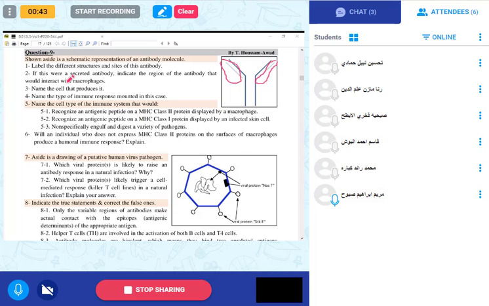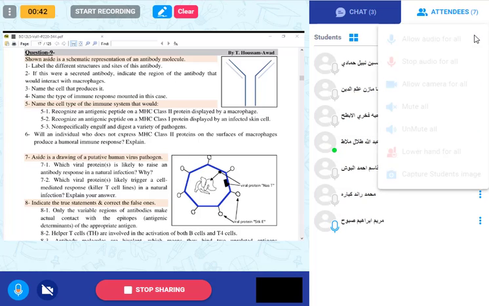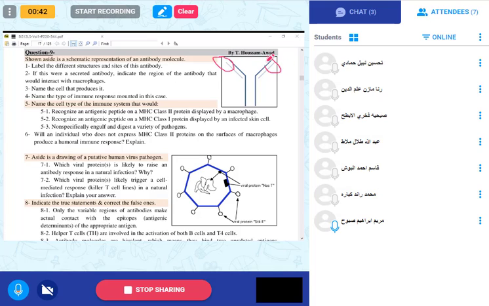Okay, if this were a secreted antibody, indicate the region of the antibody that would interact with macrophage. First, this antibody binds to the antigen by which part? From the top, here and here it binds to the antigen.